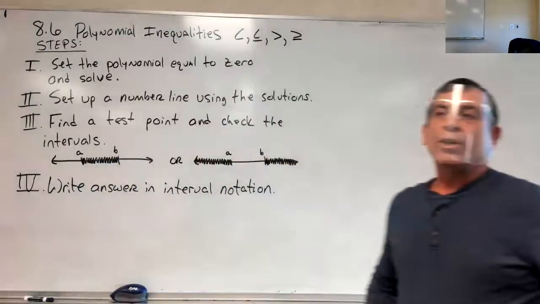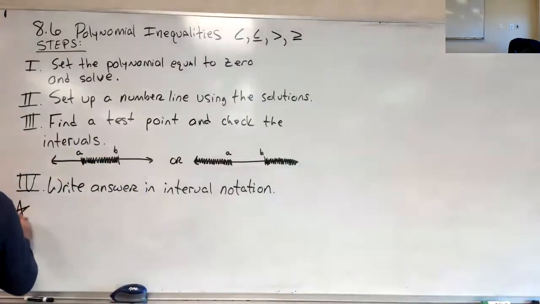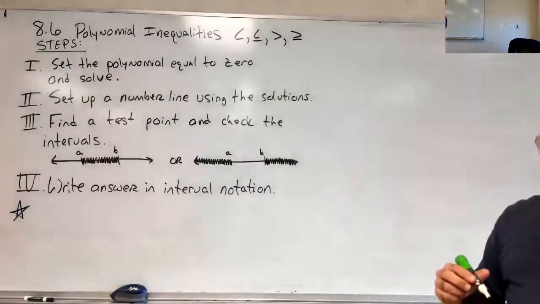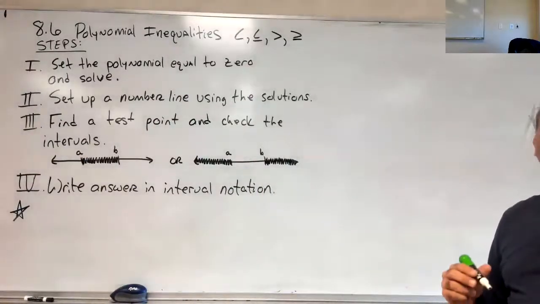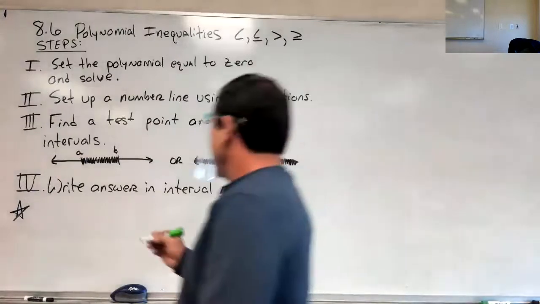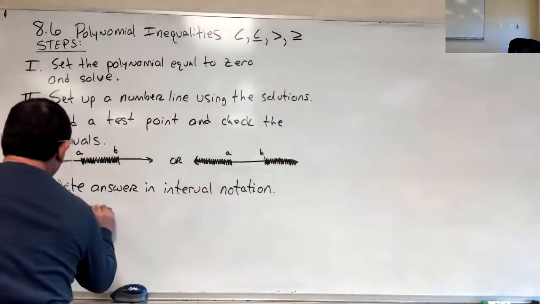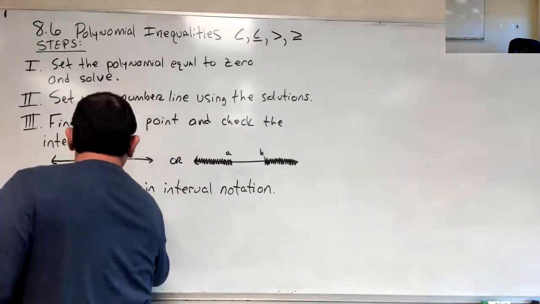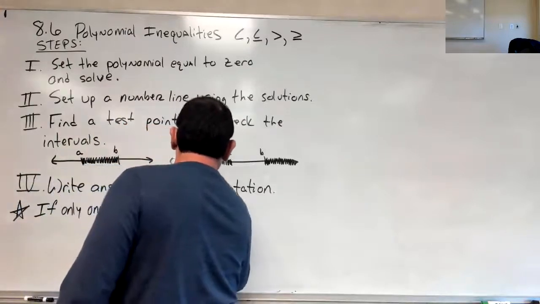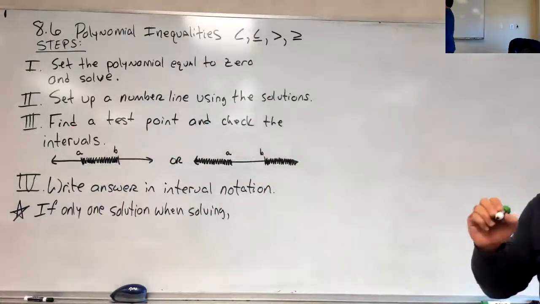Now there's only one thing we've got to watch out for on this. If I'm solving this and I only get one solution, then I'm only going to kick that one number out of my domain. So if only one solution when solving, then that's the only number excluded from the domain.